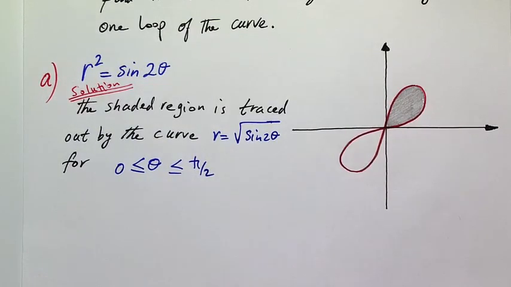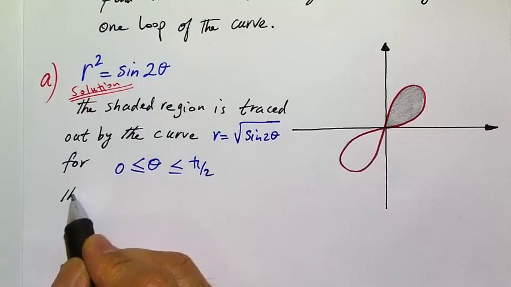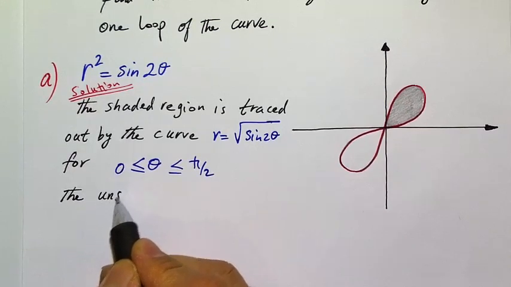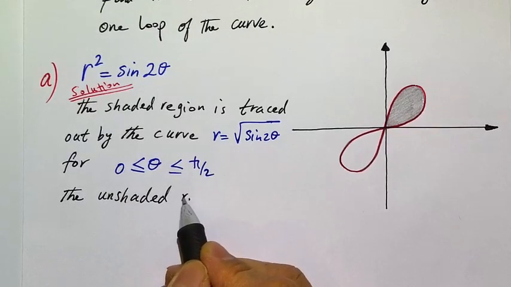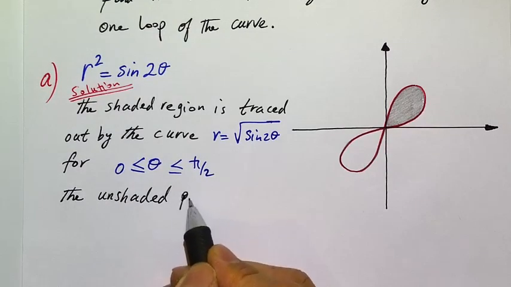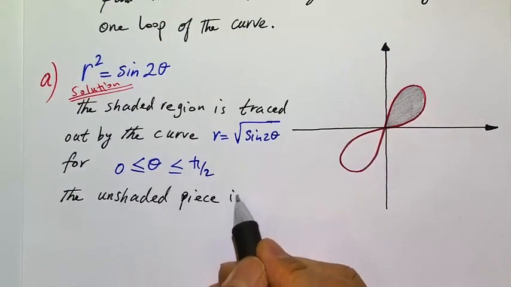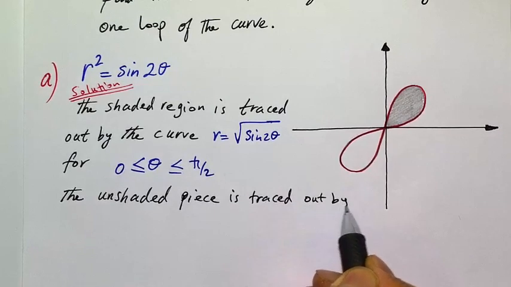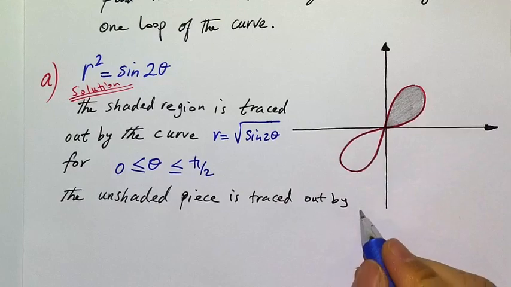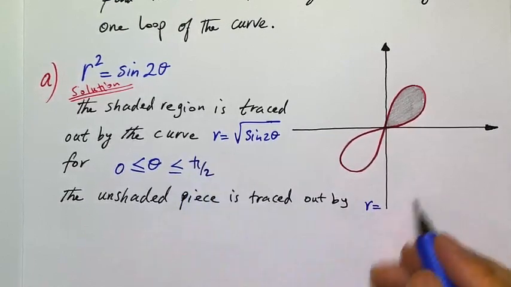Okay, so then, by the same token, let me just add the unshaded region, the unshaded piece, this one, and it is traced out by r equals minus that, right?